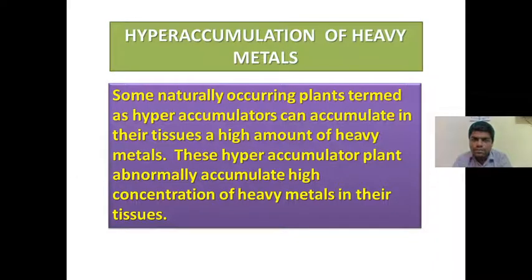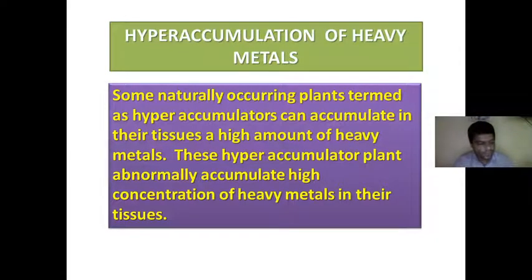There are a few plants which are naturally occurring, and those plants are called hyperaccumulators. Those plants have the capacity to store a high amount of heavy metals in their tissues. A hyperaccumulator plant abnormally accumulates a high concentration of heavy metals in its tissues.